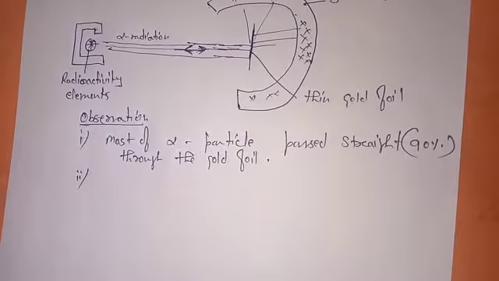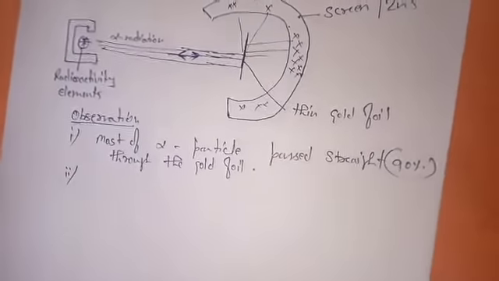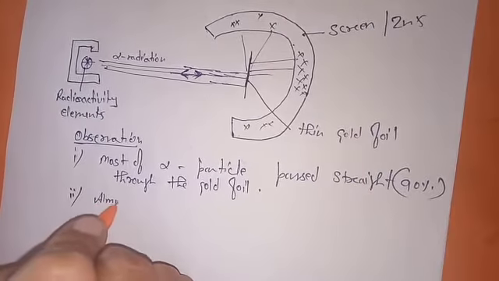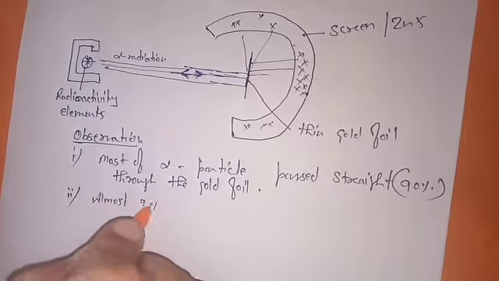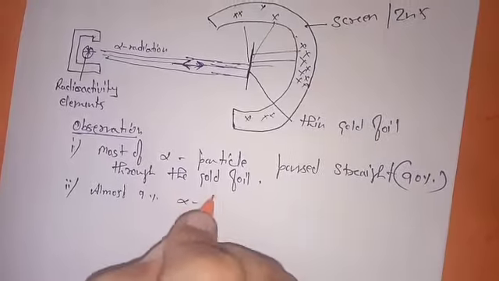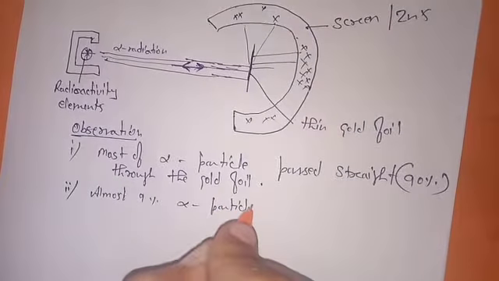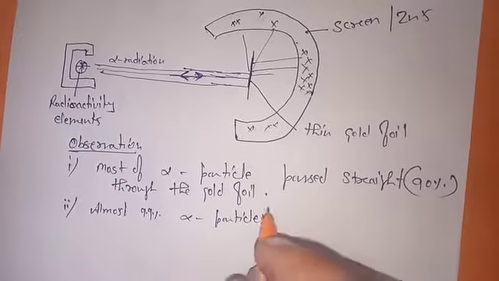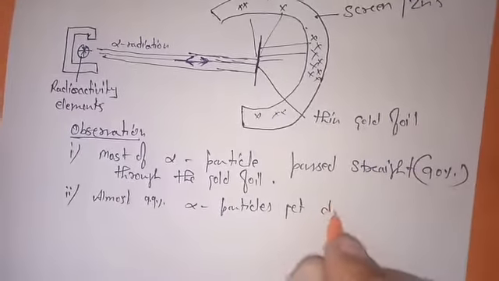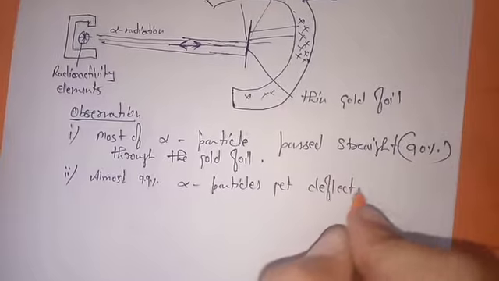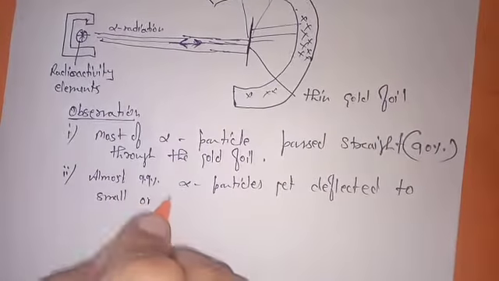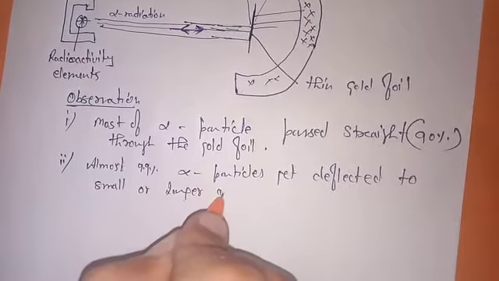Second, almost 9.9% of alpha particles got deflected through small or larger angles.